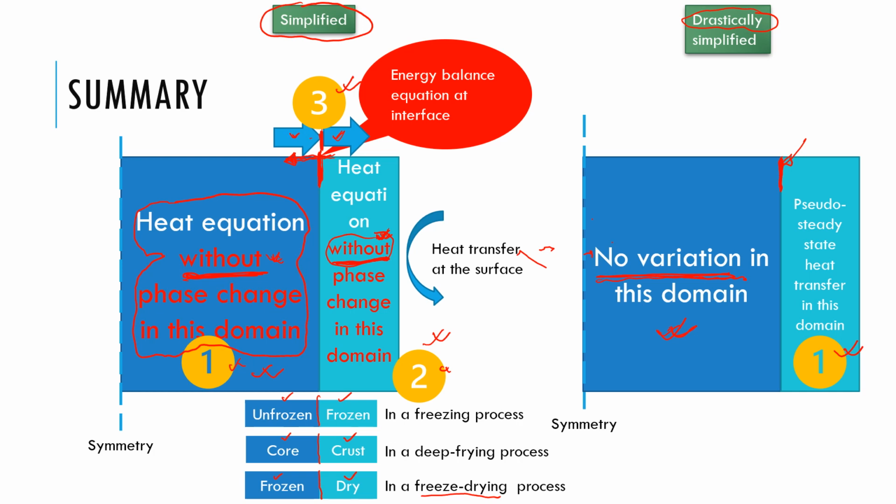So if this is a lot of heat that needs to be either taken out or brought back in case of thawing, then this process would be a bit slow.